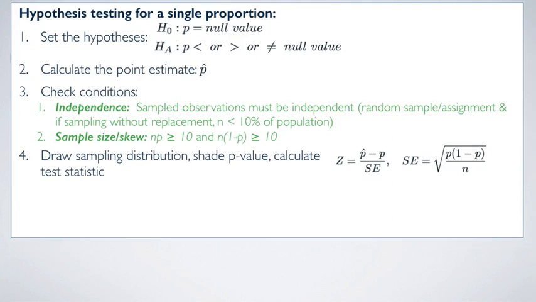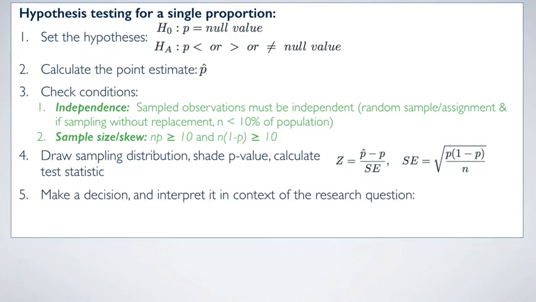Note again that I've said p and not p hat, because we are again assuming that the null hypothesis is true, and therefore we're using what the null hypothesis has set forth as our true population parameter. We don't know if that's the case, but we must assume that the null is true as we proceed through the hypothesis test. Lastly, we make a decision and interpret it in context of the research question.